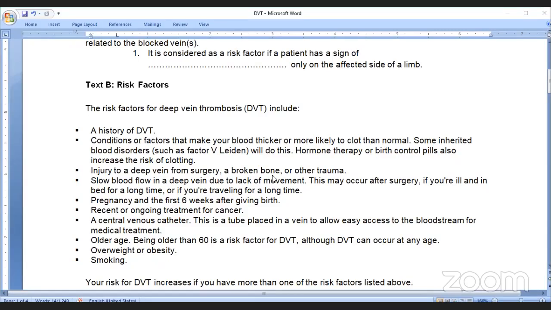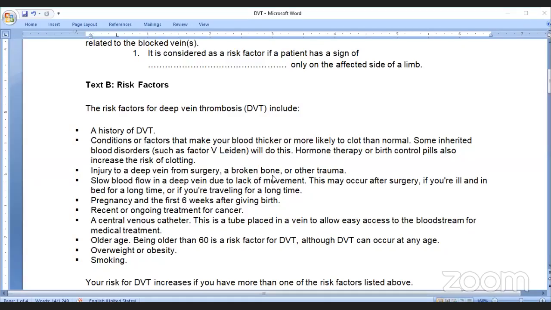If I cannot find anything similar in the rest of the text, then I can go for what you are saying, DVT or broken bone. I can think anything about that injury. Injury, where is injury? In which bullet point?